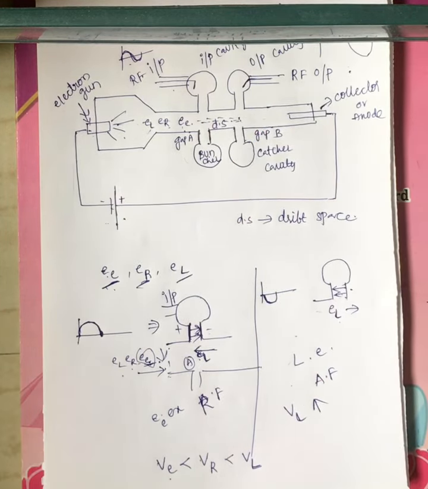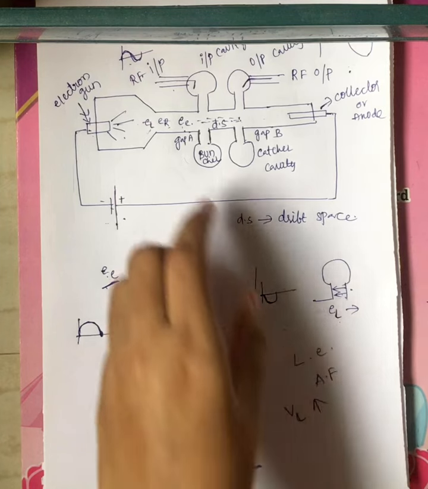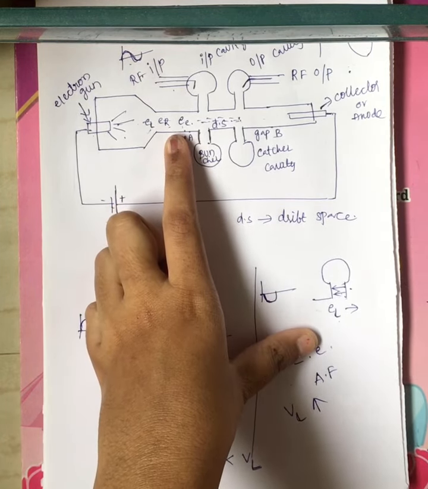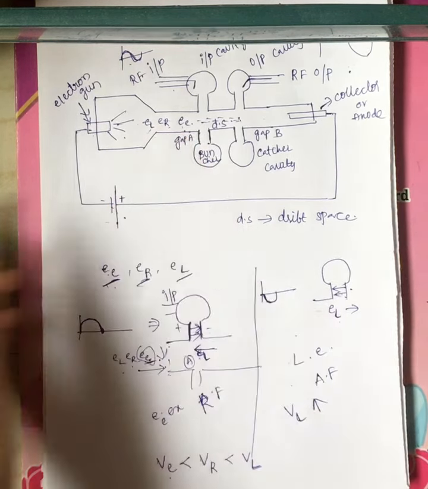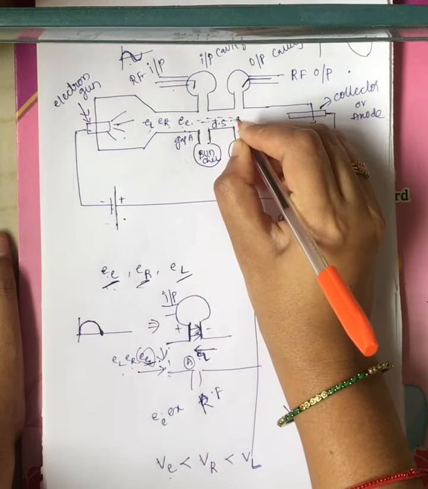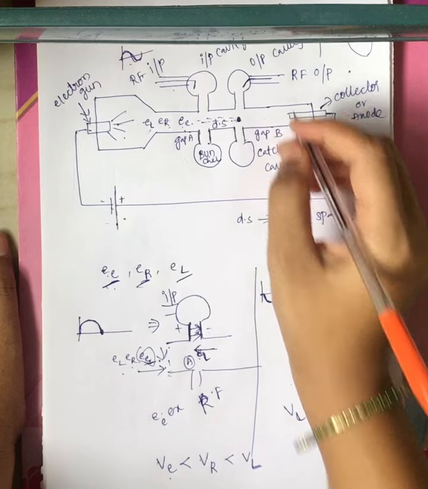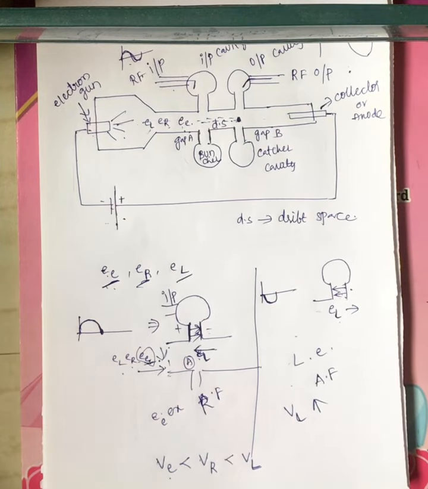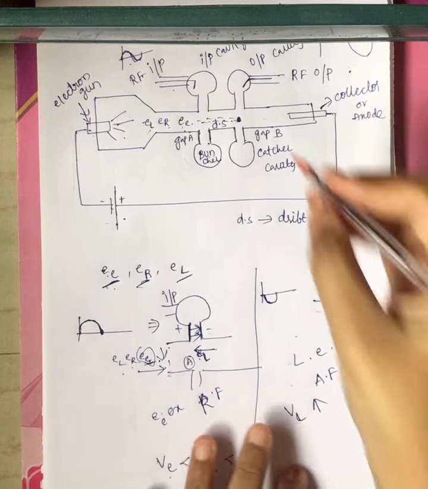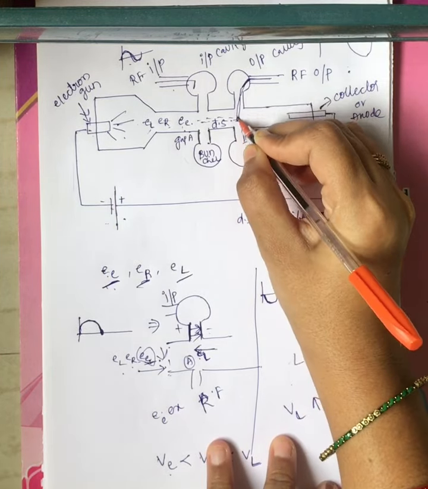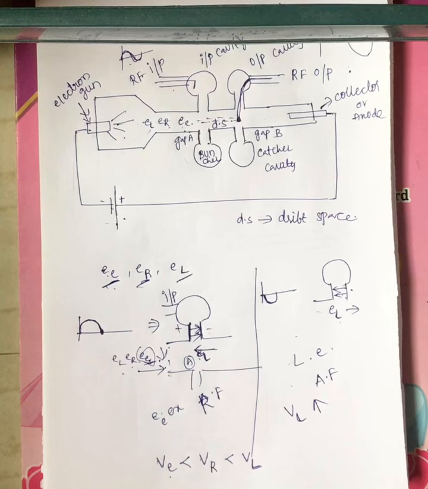All these three electrons will form a bunch at gap B. This bunch of electrons is received at your RF output, and this results in amplification of signals.